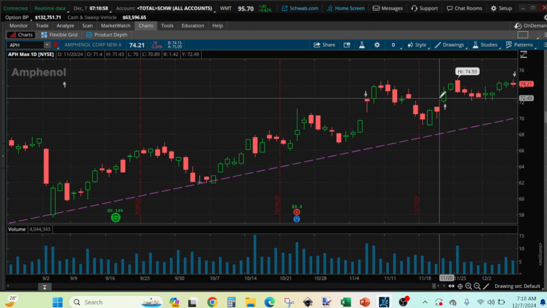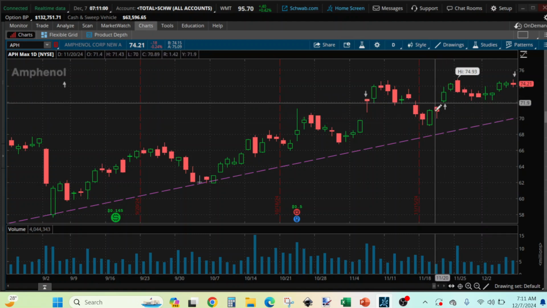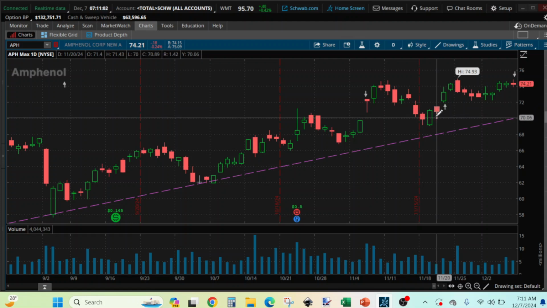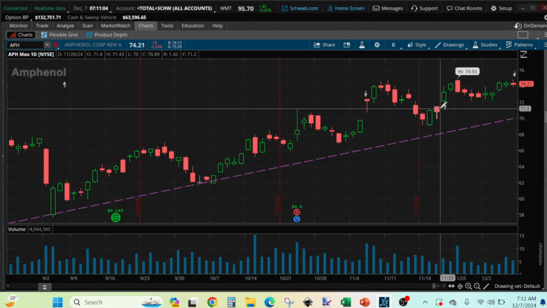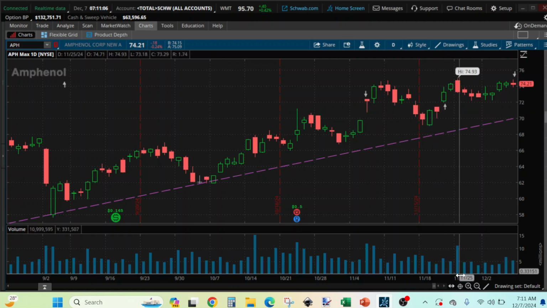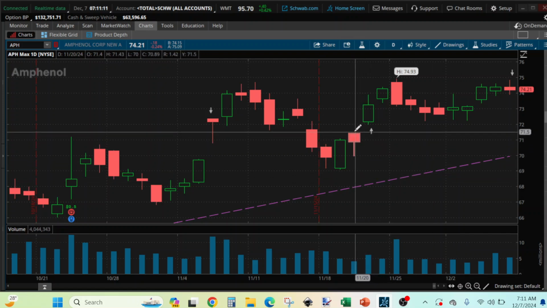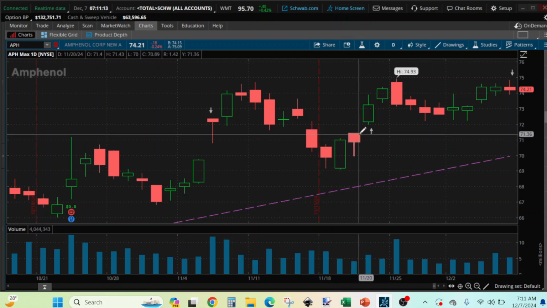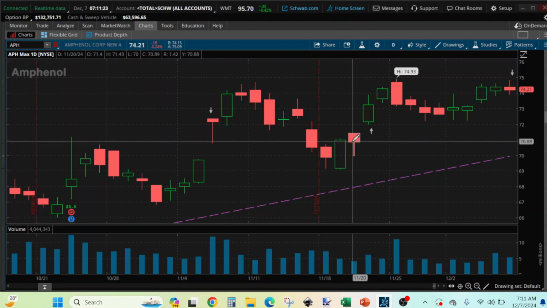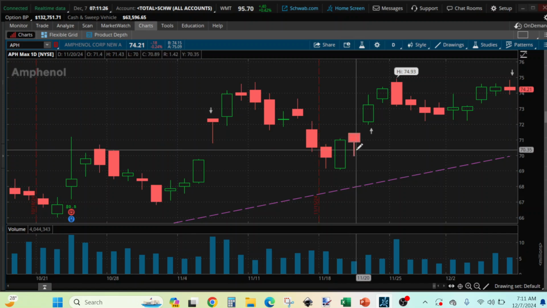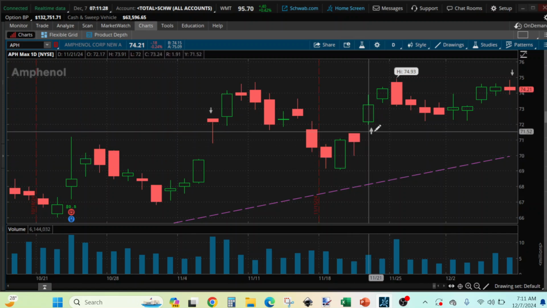Regardless, it's a daily chart, and the pullback is a red price bar, meaning the price at the beginning of the day was higher than the price at the end of the day. So that means the price went down overall for that day.